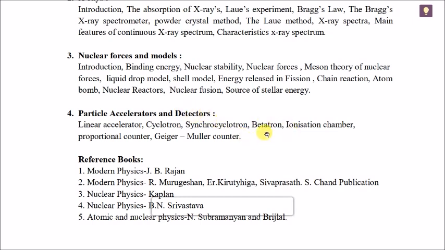How can you detect various particles of the nucleus like meson, boson, and so on? To detect such particles we have nuclear detectors. The first one is the ionization chamber, then the proportional counter, and the last one is the Geiger-Müller counter. These are the detectors which are used to detect nuclear particles.